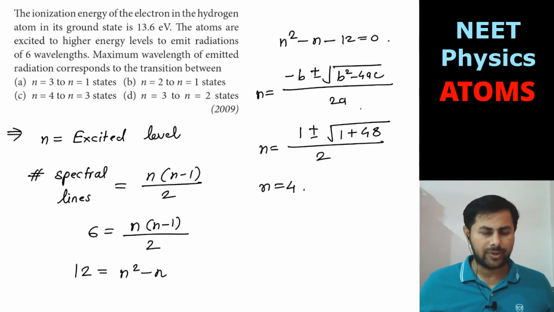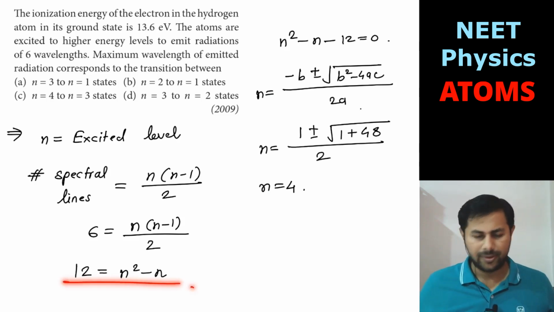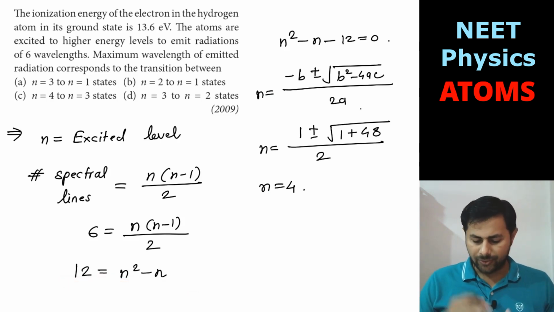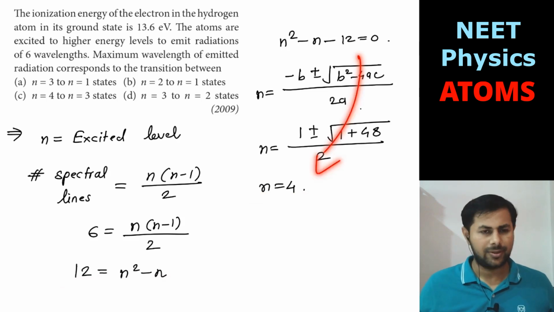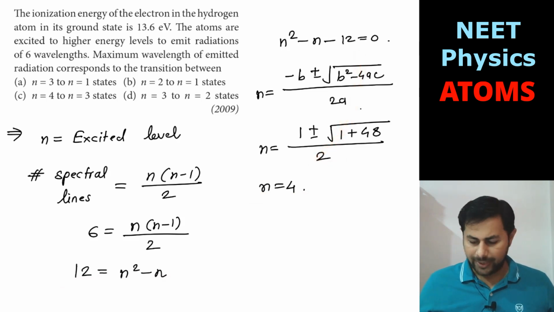You got n equals 4. So to what excited level does the electron go? It goes to n equals 4.